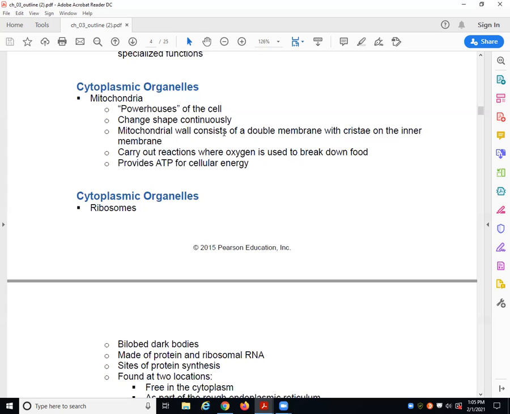But this membrane has what we call cristae on the inner membrane, which create ridges on the inside of the mitochondria. Mitochondria can carry out reactions where oxygen gets used to break down food. Those reactions lead to production of ATP, adenosine triphosphate, to create energy for your cells. So mitochondria: powerhouses of the cell, create ATP for energy.